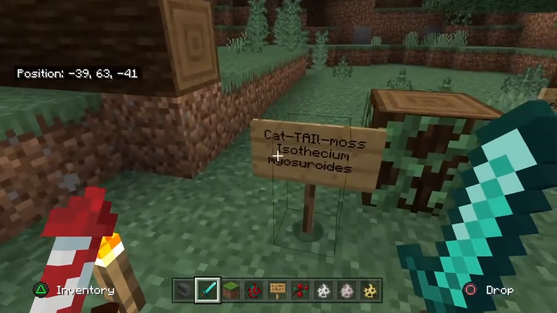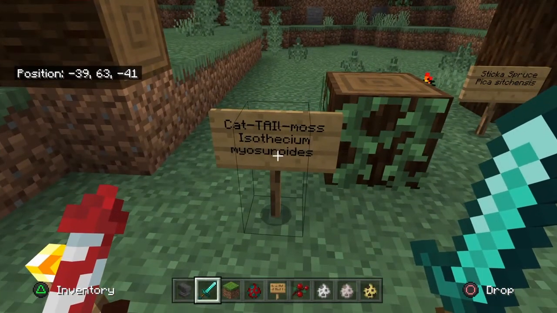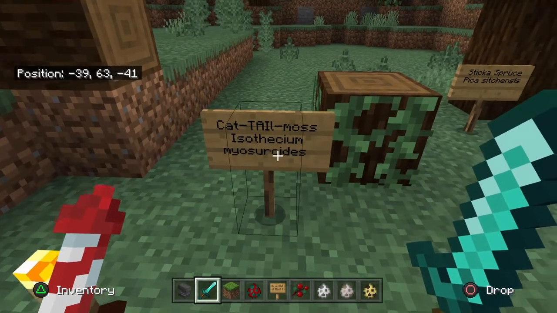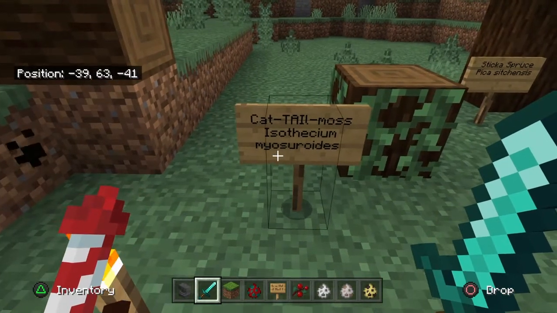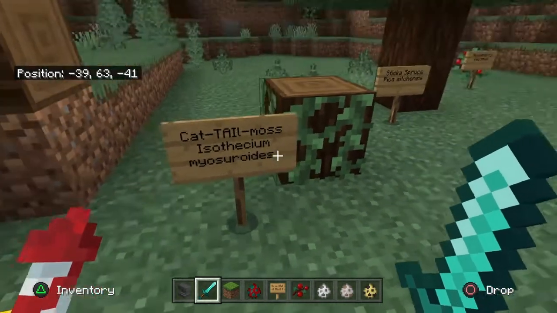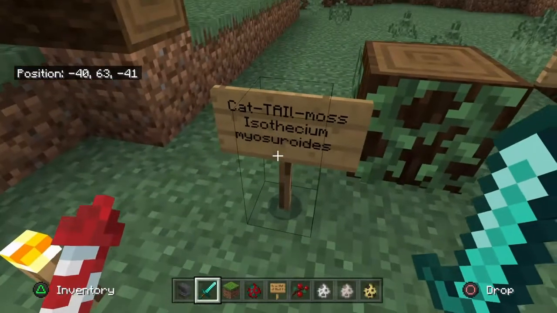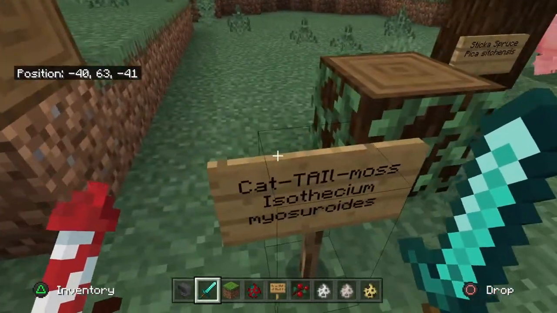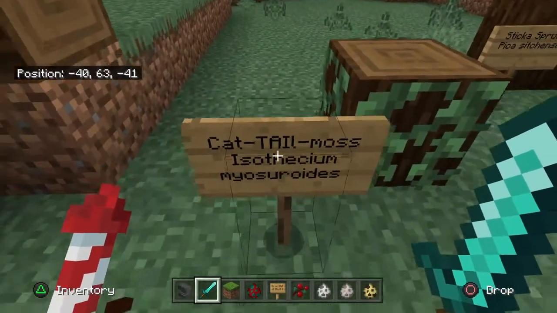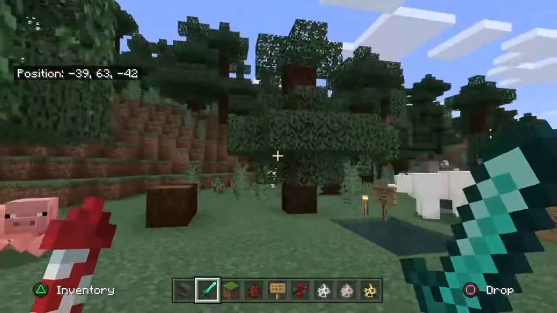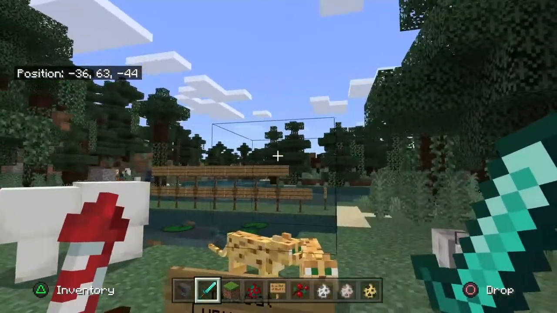Next, we have the cattail moss, which is the Isothecium myosuroides. Okay, that is very hard to say. But yeah, that's the scientific name, and that's cattail moss, which you can see on the trees around.